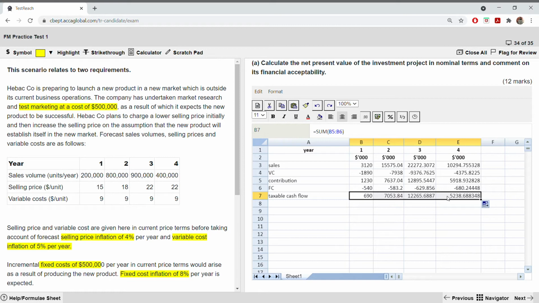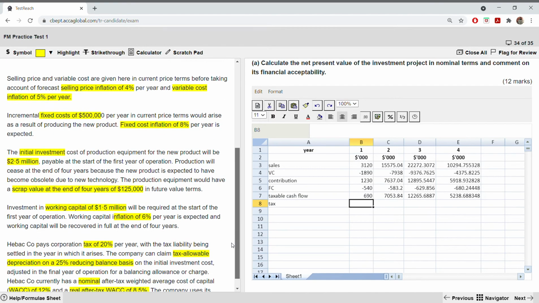Now taxation. Definitely on taxable cash flow you have to charge tax, so tax needs to be taken. What was the tax? It is 20%.